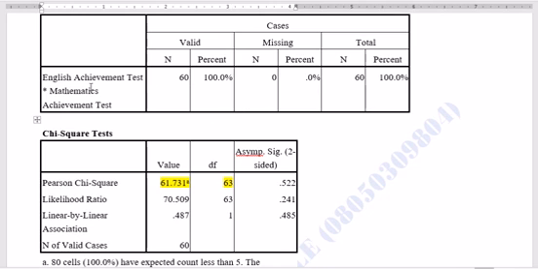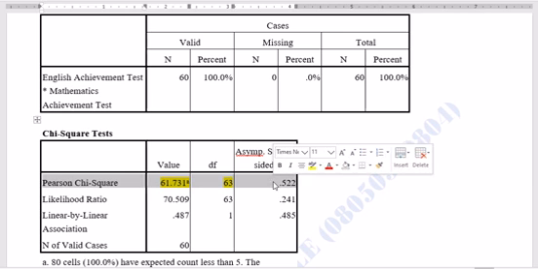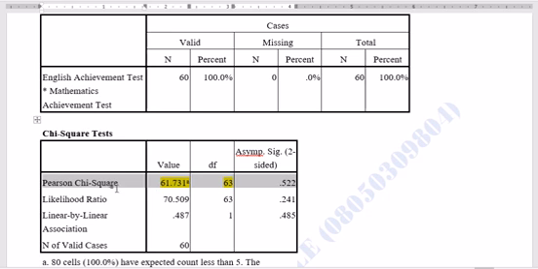Now just telling us the summary of everything. These are crosstab. Crosstab means one is moving together with two. I have English achievement test and mathematics achievement test that I want to put together. Now, the Pearson chi-square that I have is talking about this one, because under that crosstab you will get chi-square, Pearson chi-square. Now look at Pearson chi-square here.